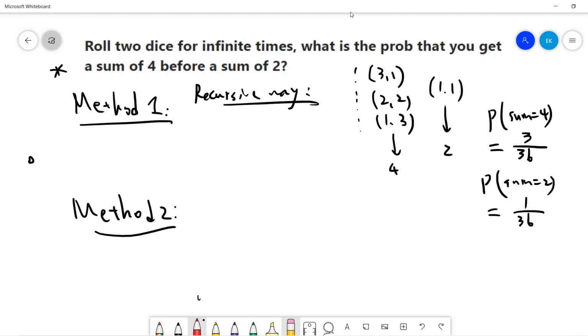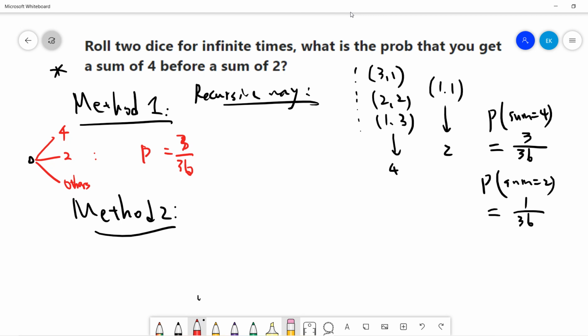In the first round, there are 3 possibilities: the sum equals 4, the sum equals 2, or others. So the probability P equals: if in the first round you get 4, you're very lucky. There's a chance that you get 2, but if you get 2, then it's over.